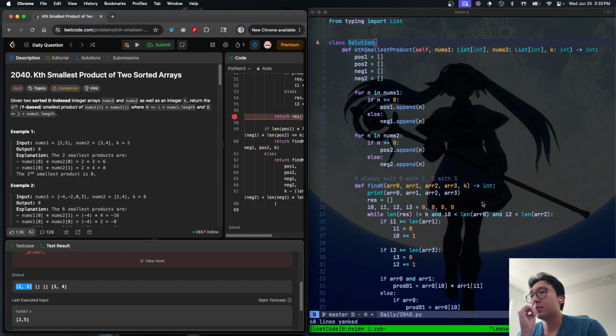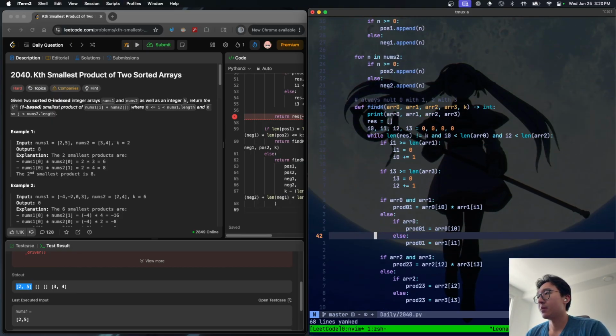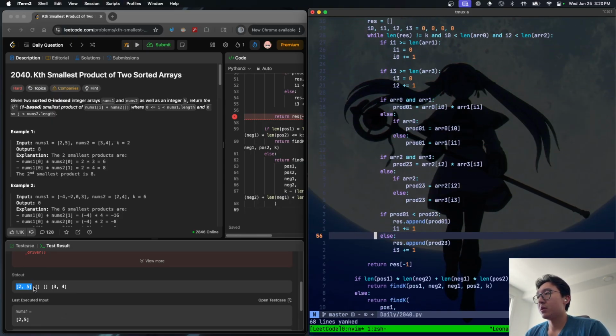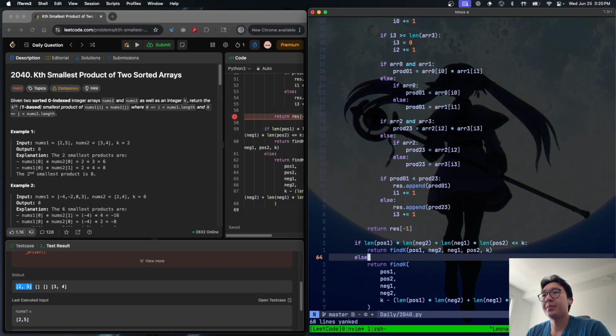R1, R2, R3, 0, 1, 2, 3. So 3 is going to be this. If array 3, blah, blah, blah. If prod 1 is less than prod, res dot append prod 0, 1, else blah, blah, blah.